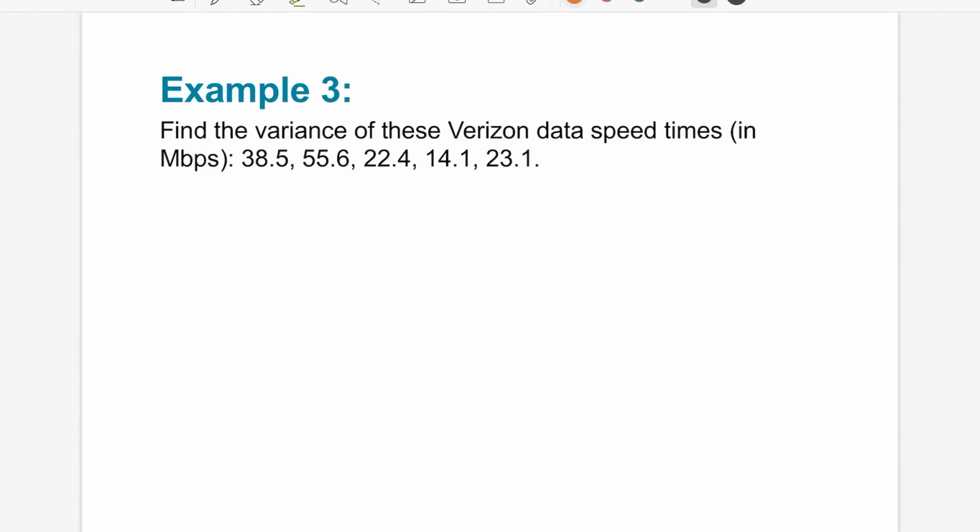Example 3. Find the variance of this data. In order to find the variance, we need to have a standard deviation. So we already found the standard deviation of this data from the earlier example.